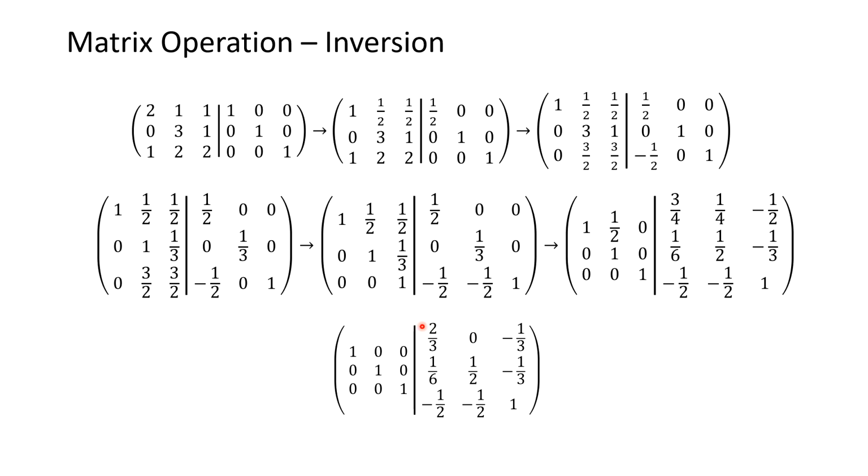If you multiply this matrix here on either the left or on the right of the matrix that we started with, you should get 1, 0, 0, 0, 1, 0, 0, 0, 1. It's a little bit involved because you have fractions here, but if you need some practice, you may want to try that in terms of practicing your multiplication.